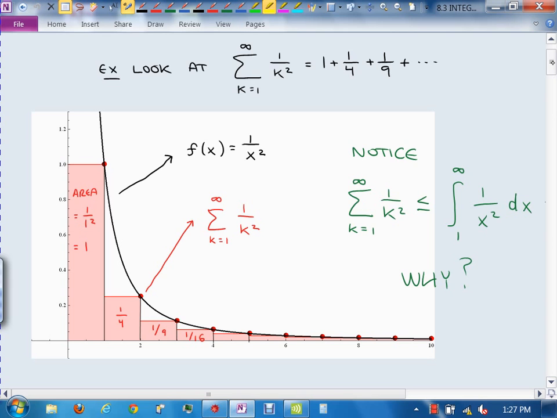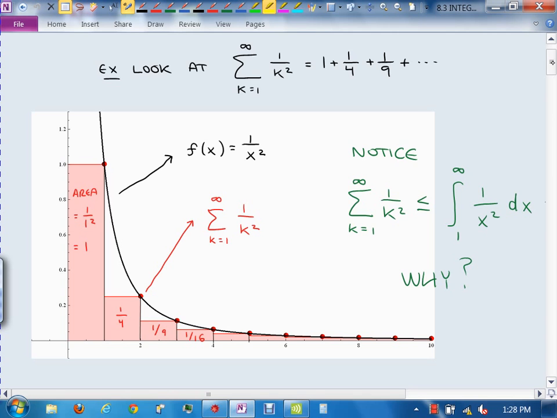Now the black is the curve that represents this as a function. So replacing the k with x and looking at it as a real valued function, that's a nice curve, isn't it? We okay with this? So when I'm trying to add 1 plus 1/4 plus 1/9, couldn't I look at it as adding this rectangle right here?